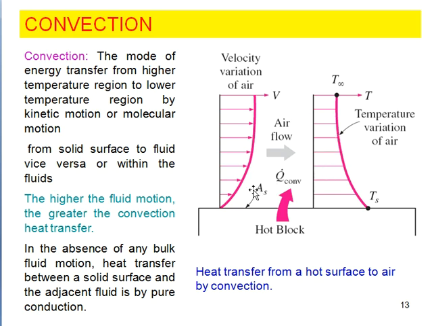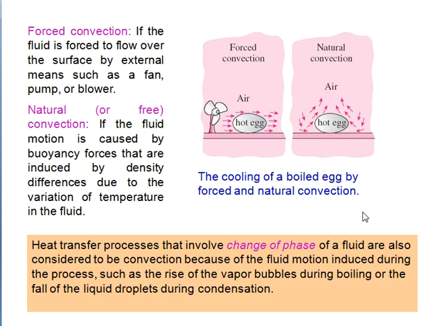Here we can see that the air velocity at the surface is 0, and it goes on increasing, and the heat transfer takes place from the hot surface to the surrounding air, and the temperature at the surface is higher and goes on decreasing. This one is the velocity and this is the temperature for the heat transfer from the surface to the surrounding fluid.